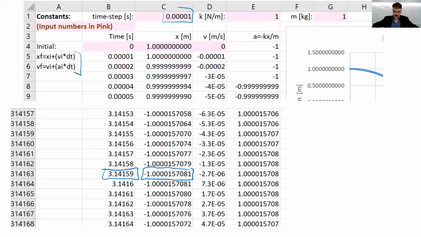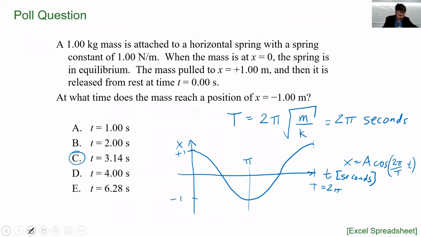And someone's pointing out that this whole equation assumes that you're released from rest at the maximum value of x. It assumes something about the initial conditions. If you start with a kick of some initial velocity at x equals 0, then you might use x equals a times sine of 2 pi t over T.